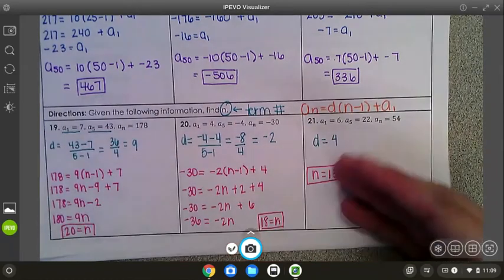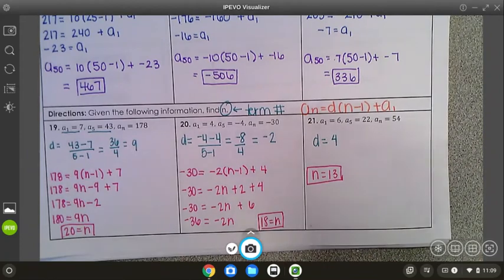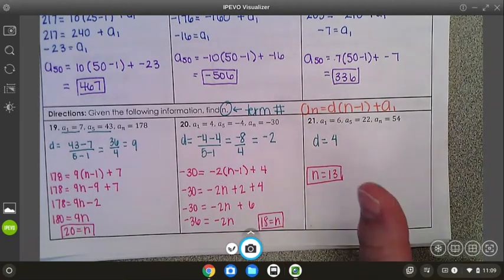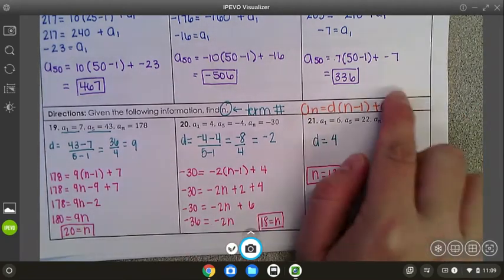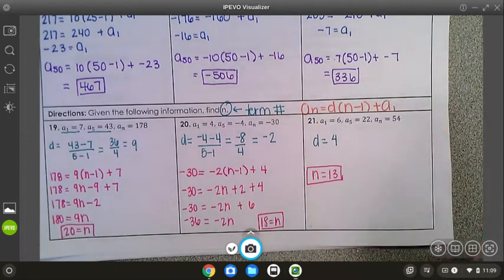You can't just always assume you always find the common difference first, because that may not be correct. So it's really important that you always refer back to the formula and look at what you've got and what you're trying to find.